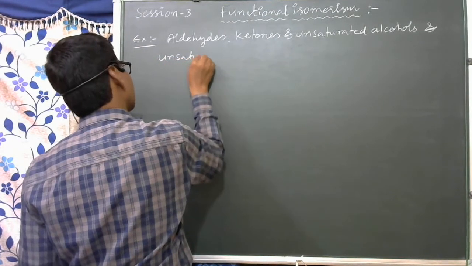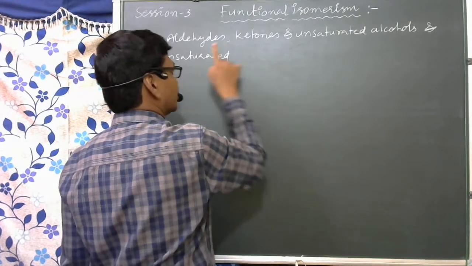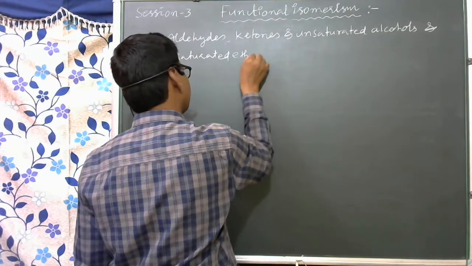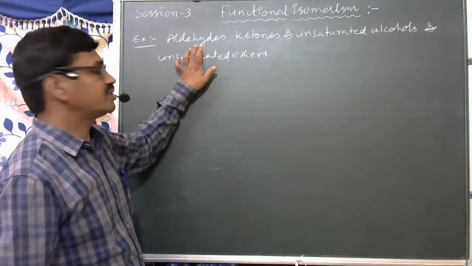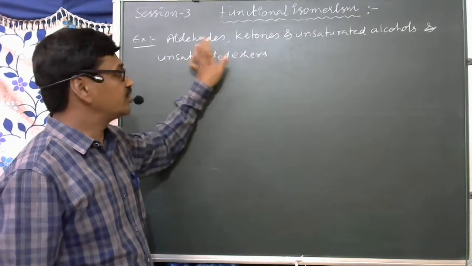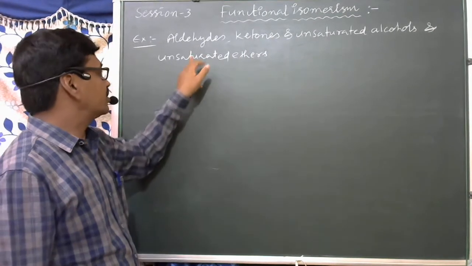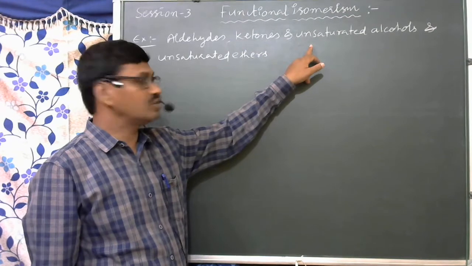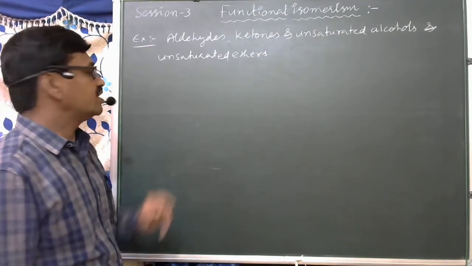Generally in books they may give aldehydes and ketones only. So, aldehydes may show functional isomerism with ketones, with unsaturated alcohols, or otherwise unsaturated ethers. Ketones also, in the same way, may show functional isomerism with unsaturated alcohols or unsaturated ethers.